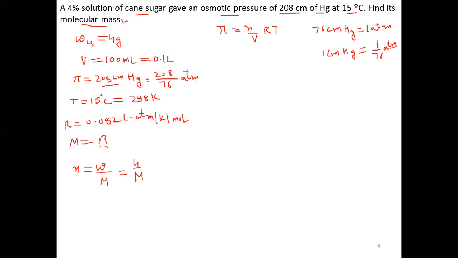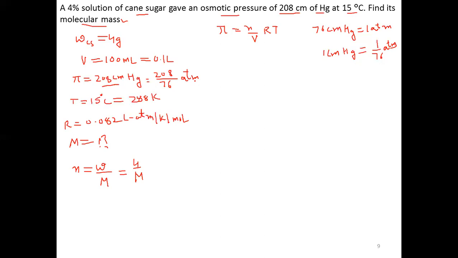So actually to solve numericals, the approach is first read the statement very carefully, then see what we have to find, then write what is given to us, and then see whether the units are the same or not. That is where most of the students make mistakes. They forget to change the units. If they are the same, then simply put the values.